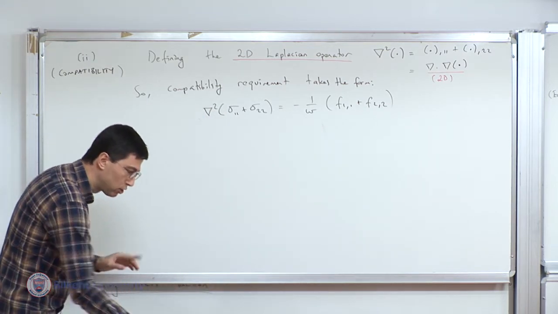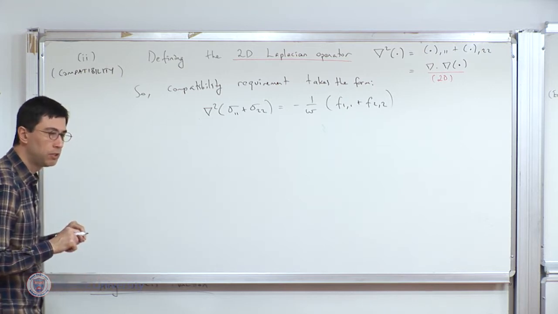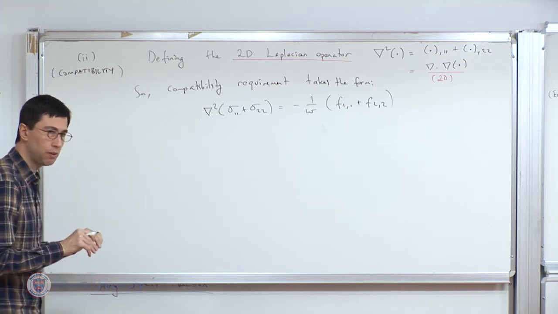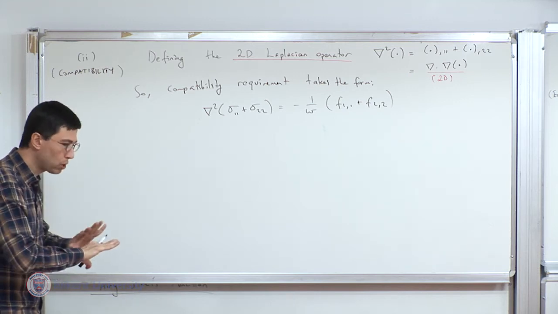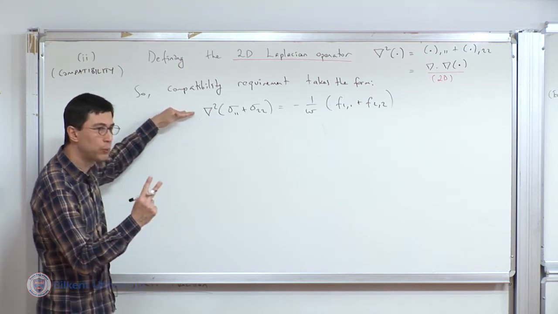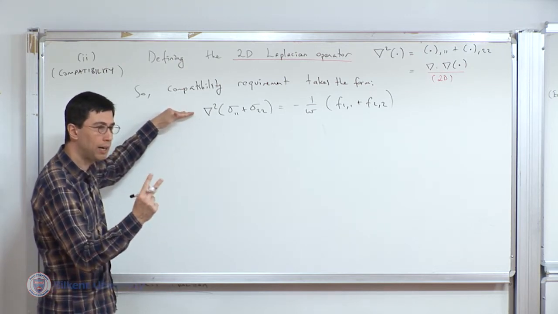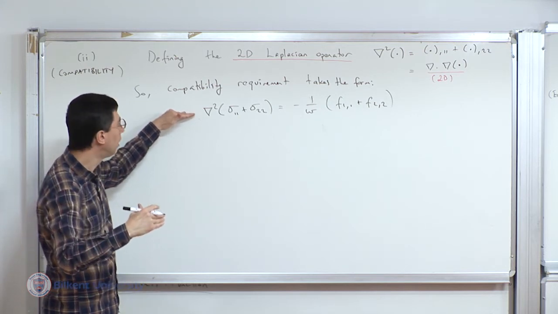At this point, let me quickly also remind you that the original compatibility requirement is provided in terms of the strain. So it's a condition on the strain field, and it works for any problem. Whereas when I write this, I assume two things. One, we assume the isotropic linear elastic relation between stress and strain.